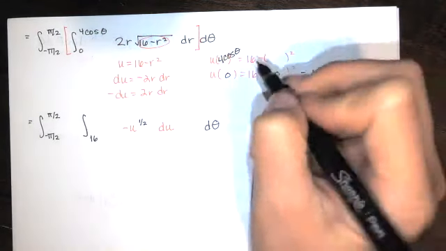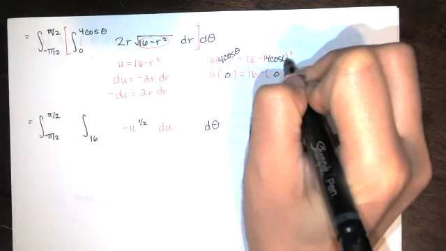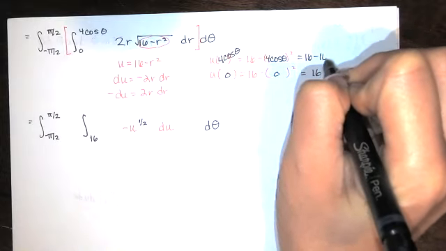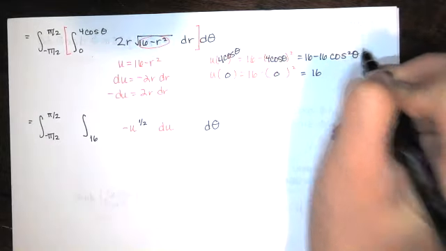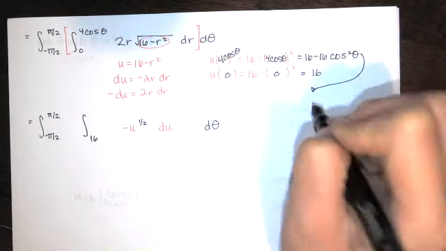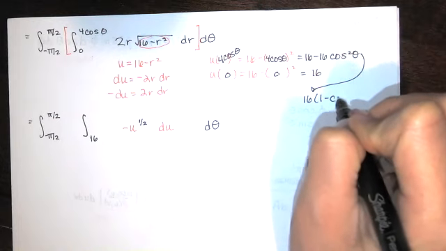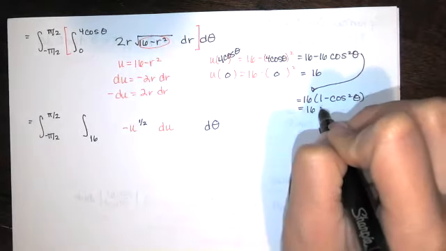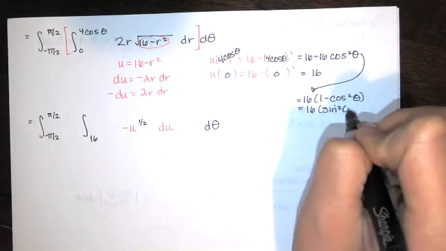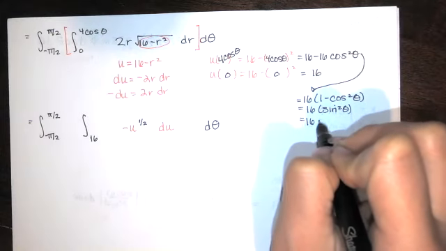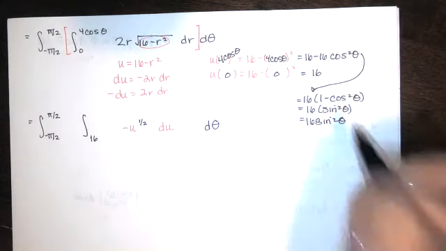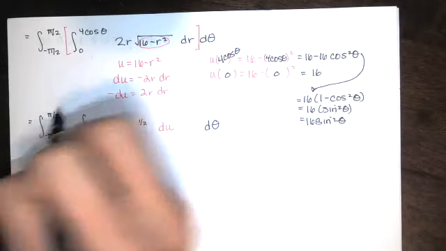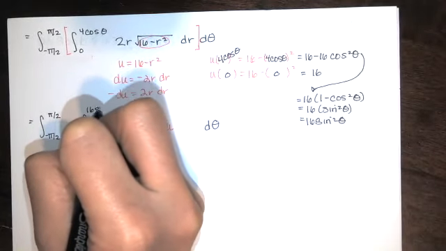If r is 4 cosine of theta, we end up with 16 minus 16 cosine squared theta. And that is 16 times the quantity 1 minus cosine squared. 1 minus cosine squared is sine squared, the same angle. All right, so that's what we have right here. It's our new upper bound.